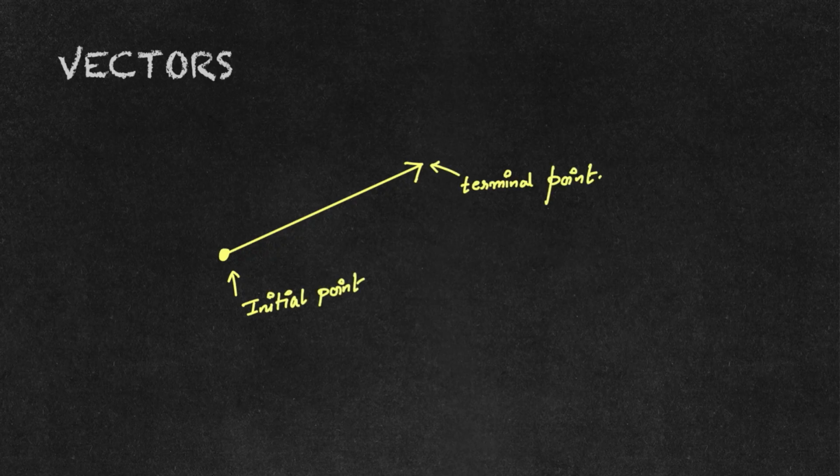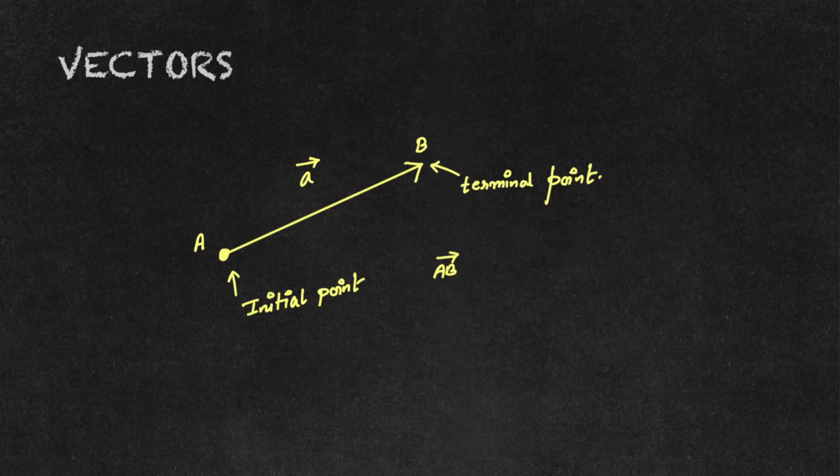So the length of this arrow is the magnitude and this arrow is pointing at a specific direction, so that gives the direction of this vector. And it can be represented by any letter and on top of it we have to make an arrow sign. Or if this initial point is, let us say, A and this terminal point be B, then we can also write this vector as AB vector.